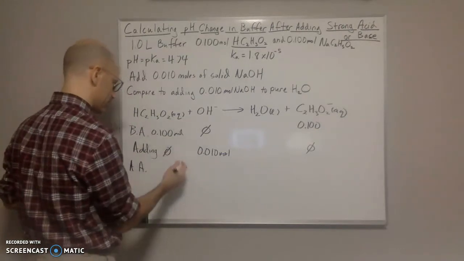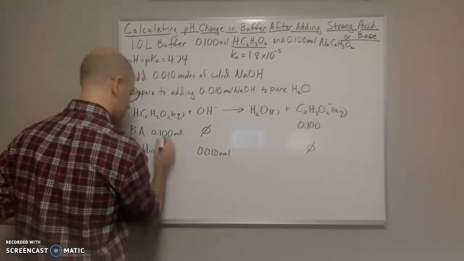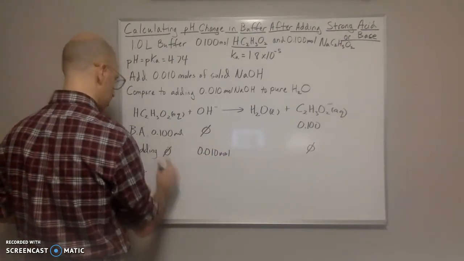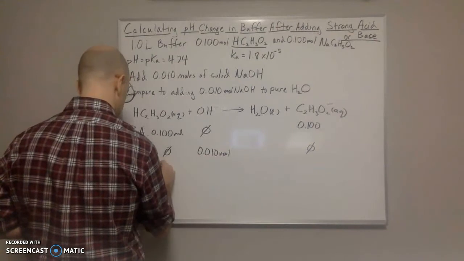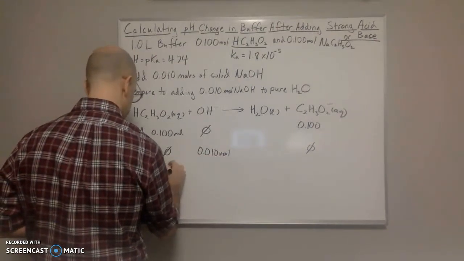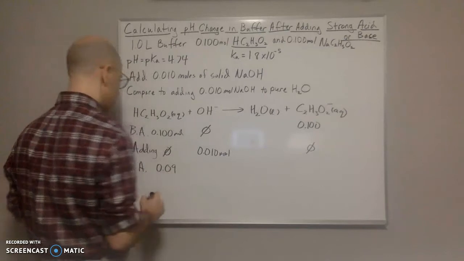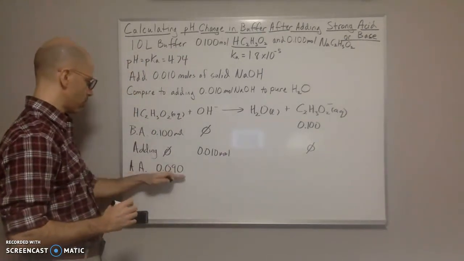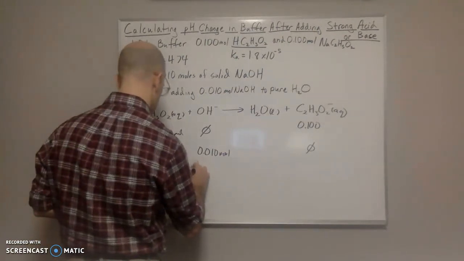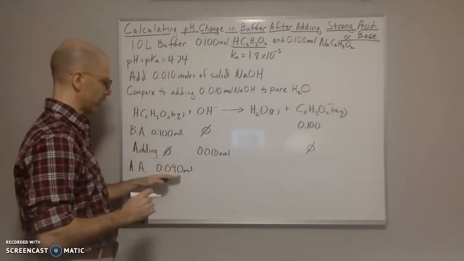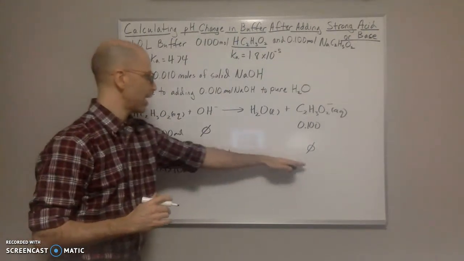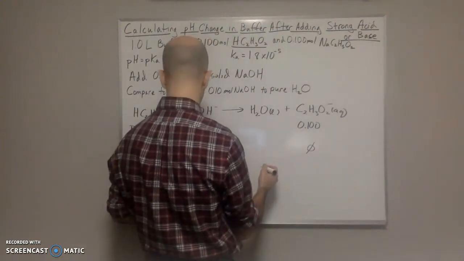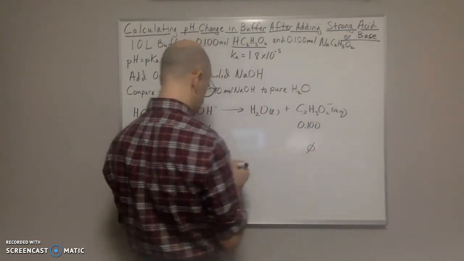When that happens, it subtracts out that amount, so 0.100 minus 0.010 is going to be 0.090 moles of the acid left. But when it reacts, it's going to form the same amount over here, so you're going to have to add on this side as well.